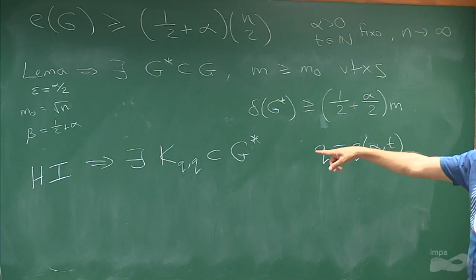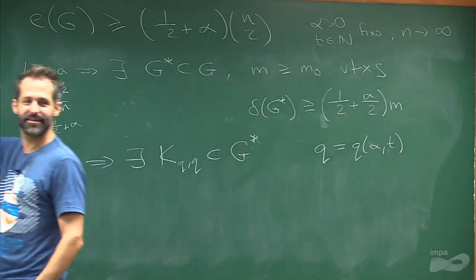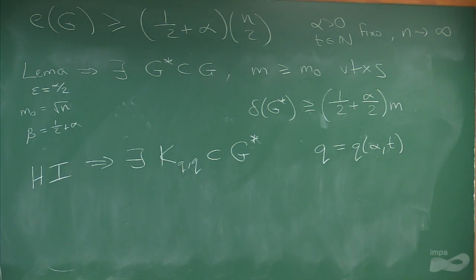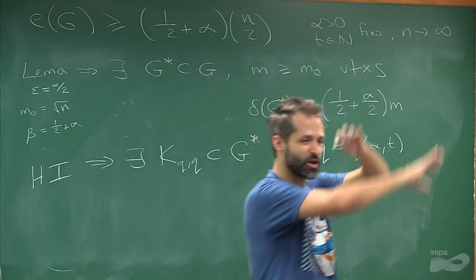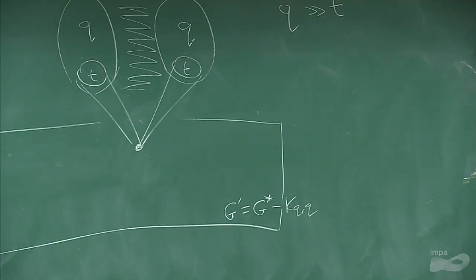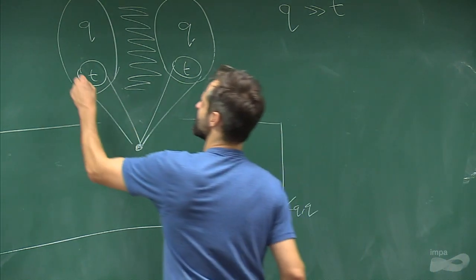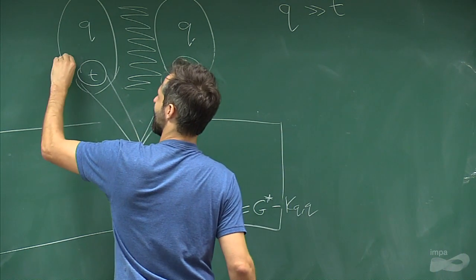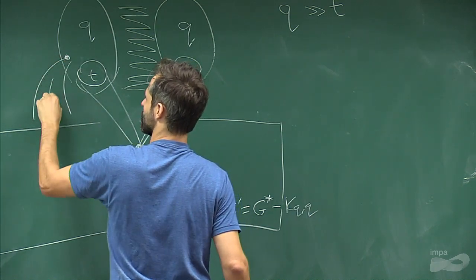Whatever. Right, so we found this KQQ, and now we're back in this picture. Except this universe now is this G prime, which is G star minus this KQQ. This whole world is G star, and the KQQ is also in G star. And so what do we know? Every vertex here, how many edges does it send down?